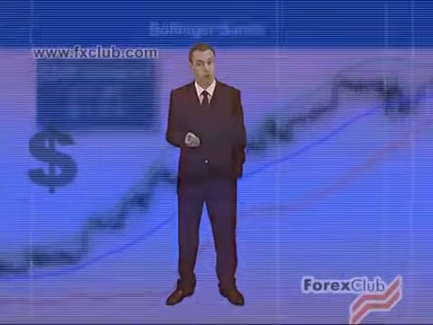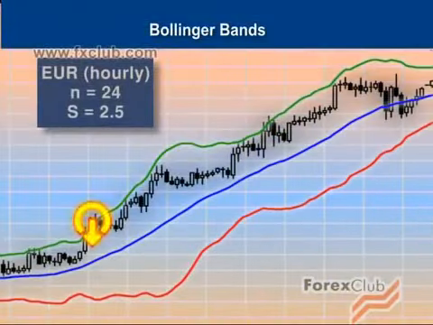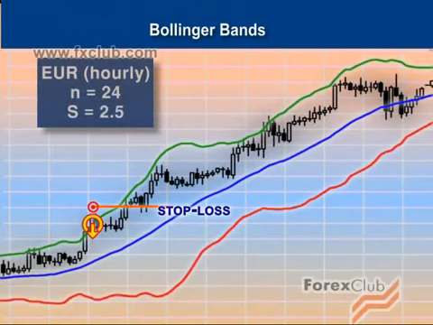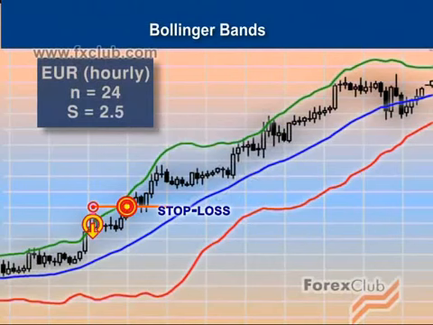We're going to go over them soon. Also, and I'll make no apologies for repeating this, don't forget to set your stop loss. If you've got the cover of a stop loss, then your misjudgments will not lead to catastrophe.